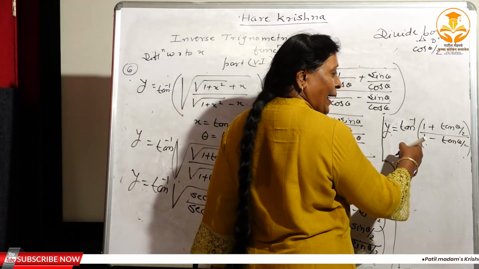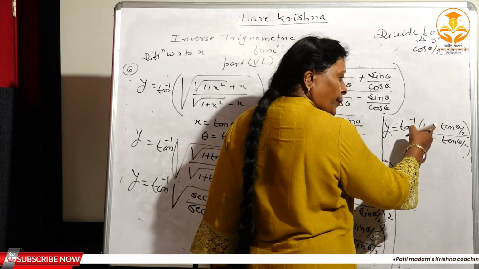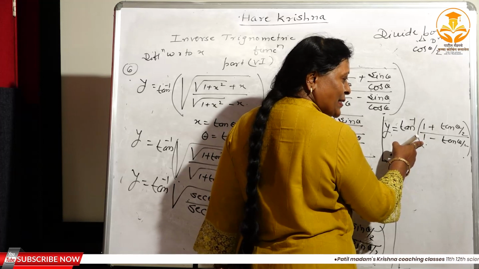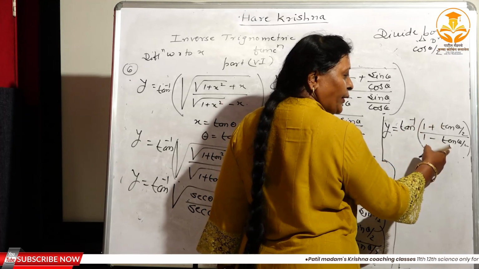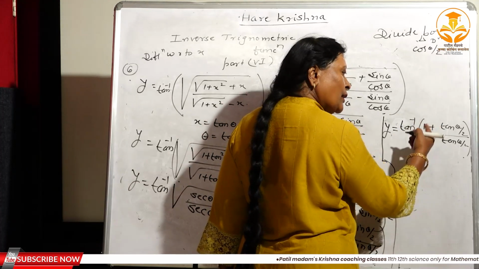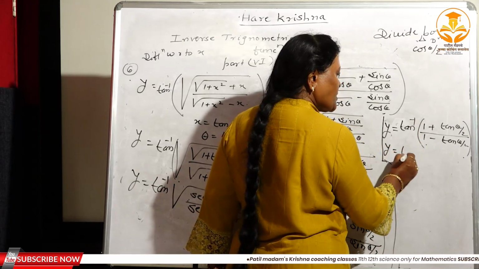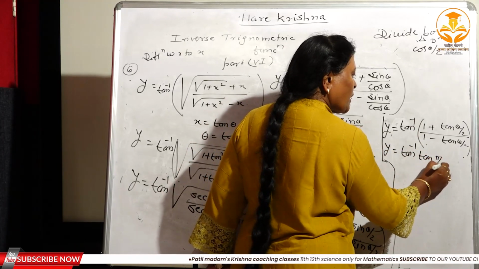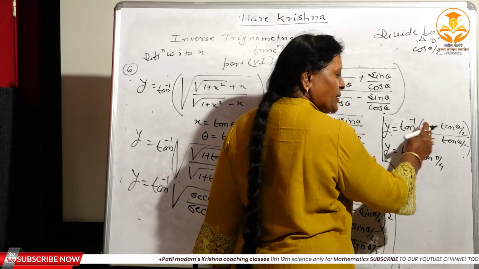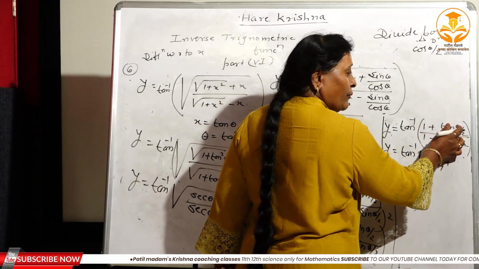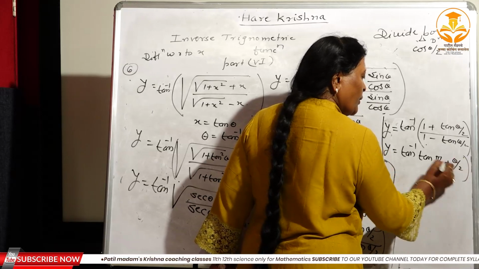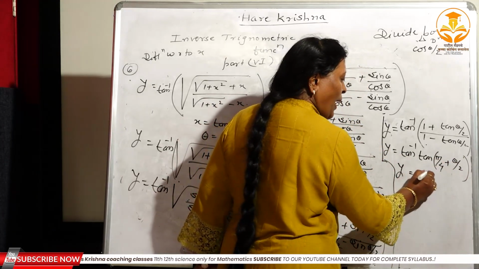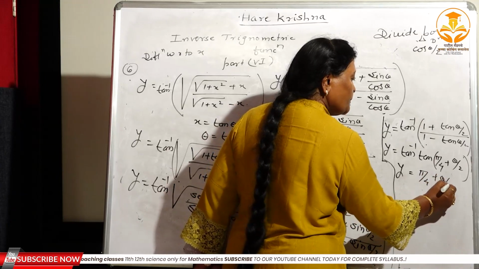You can use tan of pi by 4 plus theta by 2. Tan of pi by 4 is the compulsory term. If there is a plus in the numerator, write plus, and whatever the angle, that is theta by 2, you can write theta by 2. Again tan inverse, tan gets cancelled. This is pi by 4 plus theta by 2.